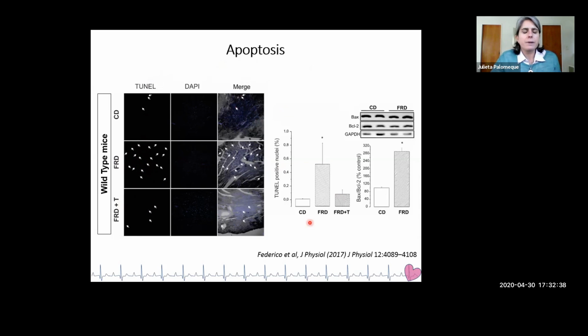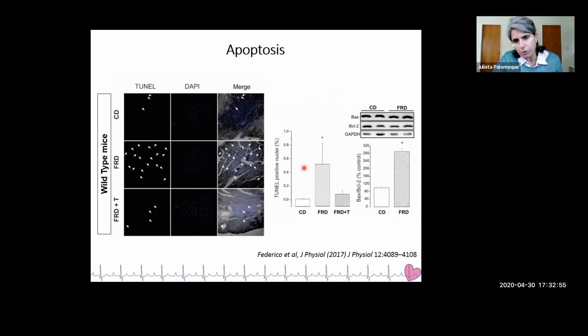So these experiments tell us that the same pathway that is promoting arrhythmias is also promoting apoptosis. And usually apoptosis in the heart is mediated by a mitochondrial pathway.